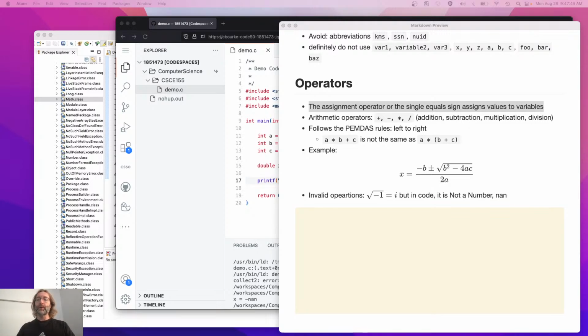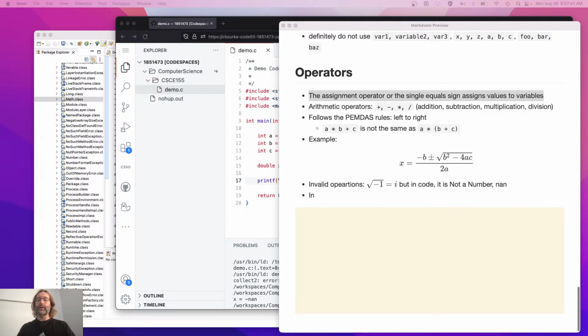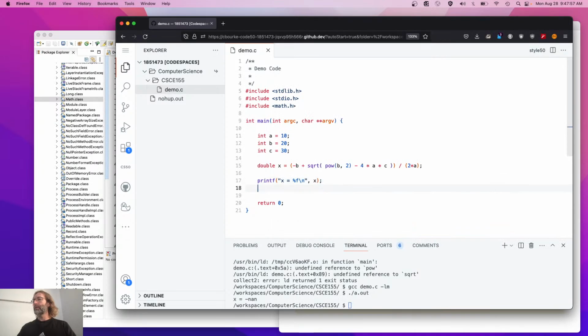Right? What are some others? Invalid. What if I went 1 divided by 0? This might be inf. In fact, let's find out. Let's go double y is equal to a divided by 0.